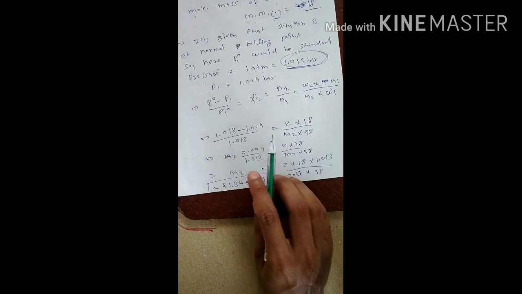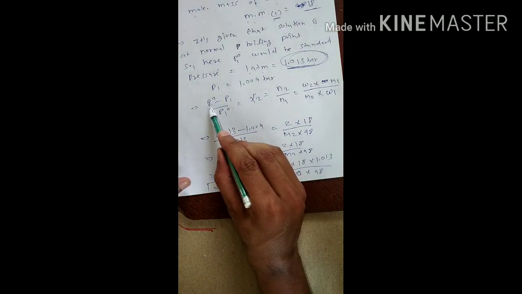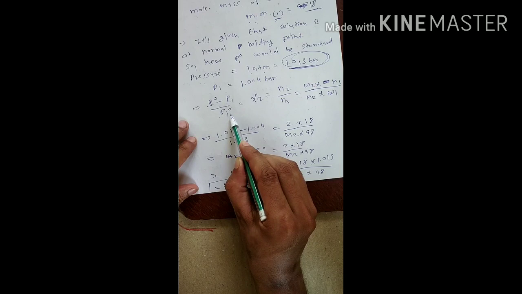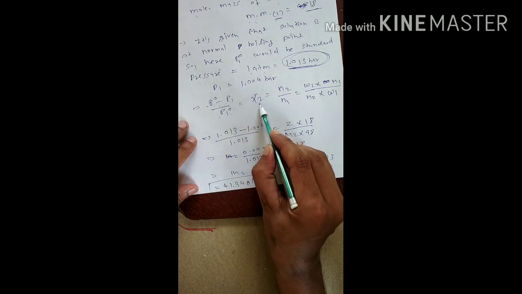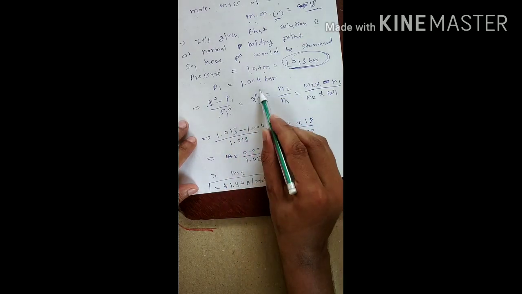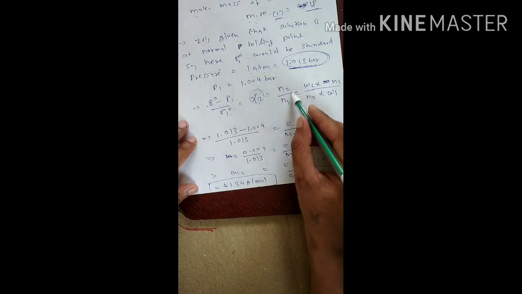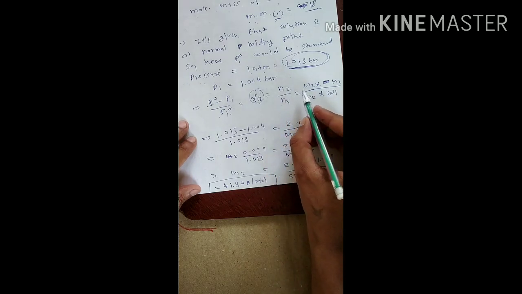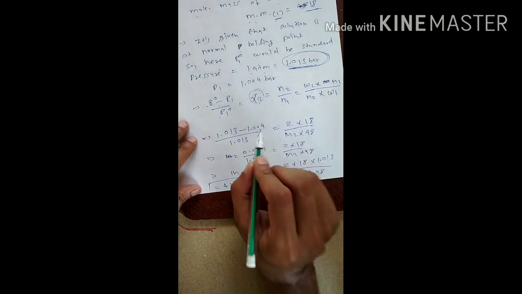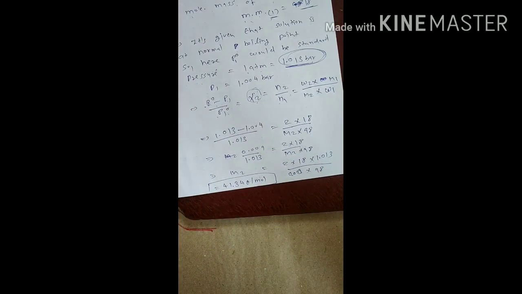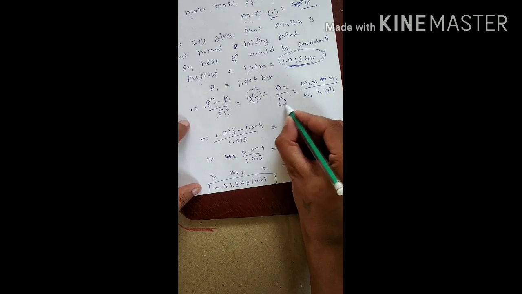Now what was the equation? P10 minus P1 divided by P10 is equal to X2, that is the mole fraction of solute. Now the mole fraction formula is N2 divided by N1 plus N2, and I am neglecting N2 from the denominator. So here I have written N1 only.